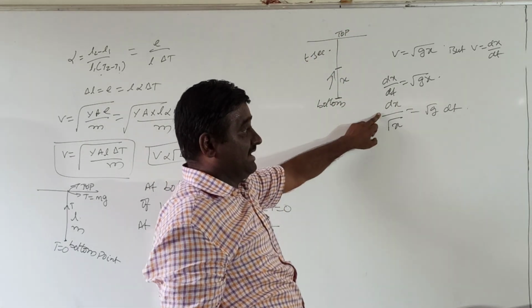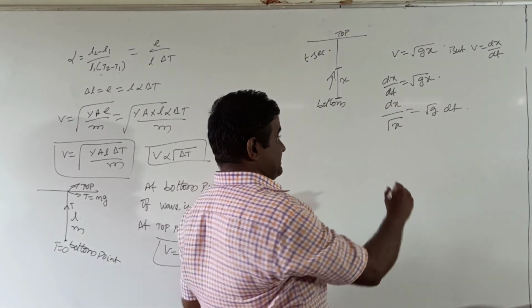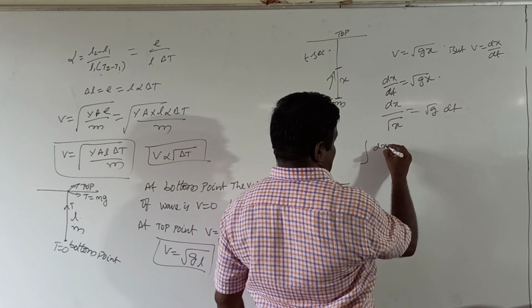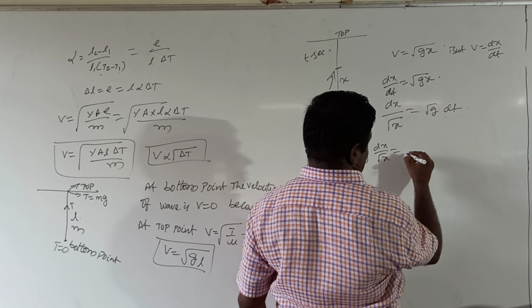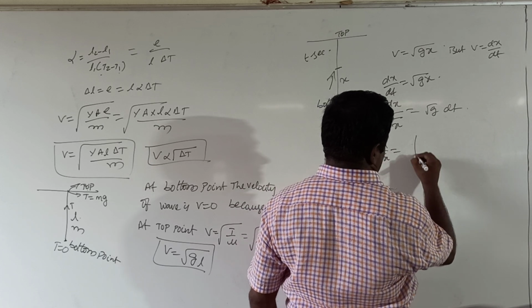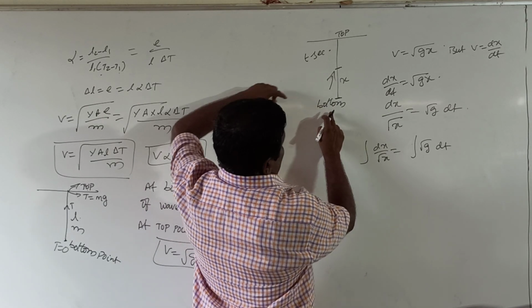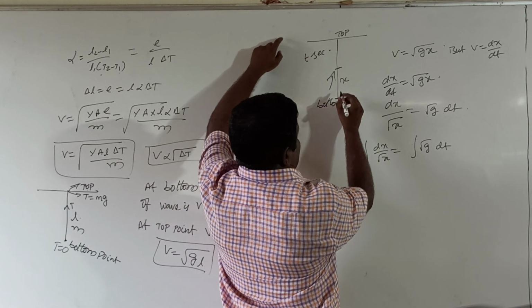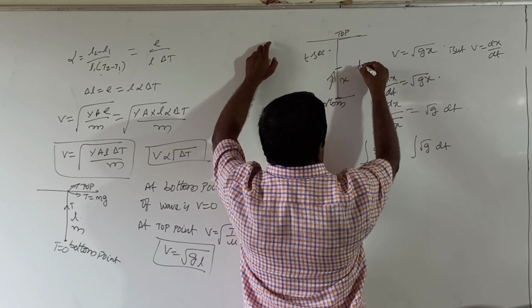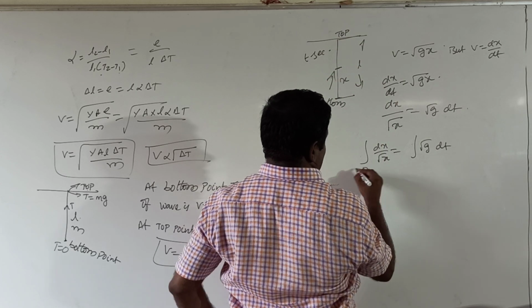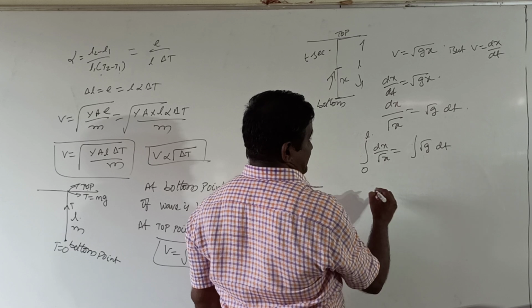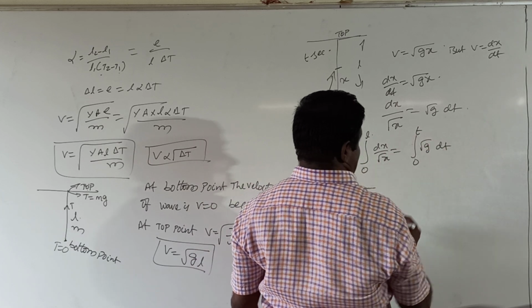Then we integrate these equations on both sides: integral dx by root x equals integral root g into dt. Here the wave travels from bottom to top, covering the length of the string L. So the limits for x are 0 to L and for time 0 to t seconds.